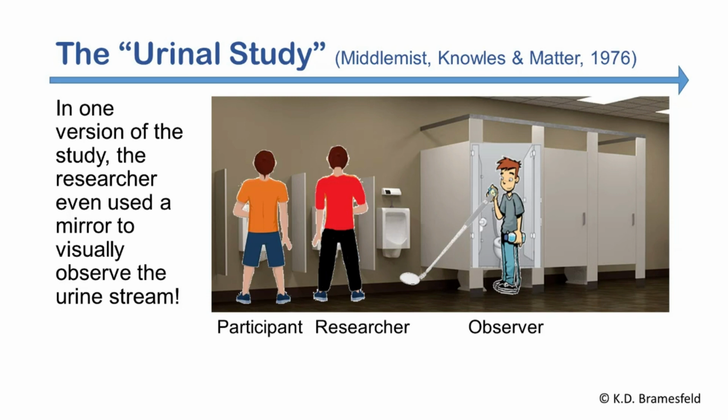Is my face red? All right. So in response to critiques about the measurement validity of the study, in one version of the study, the researcher even used a mirror to visually observe the stream.